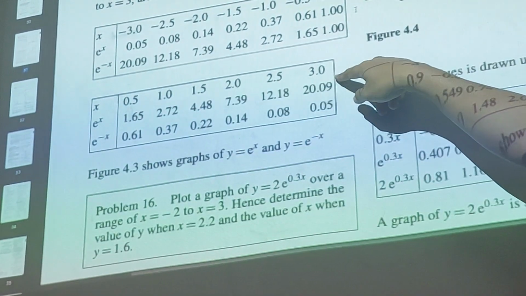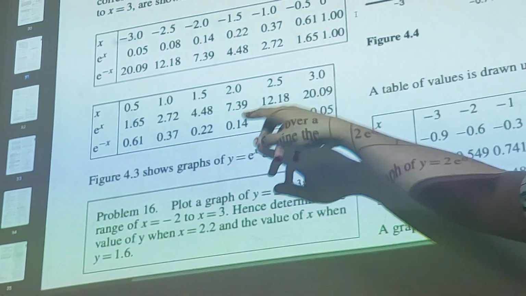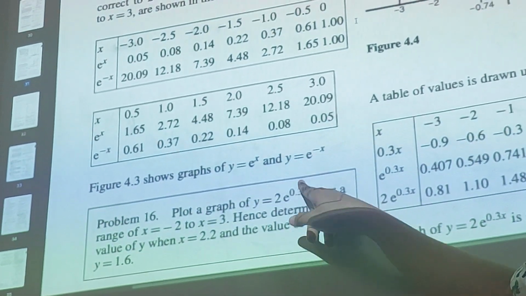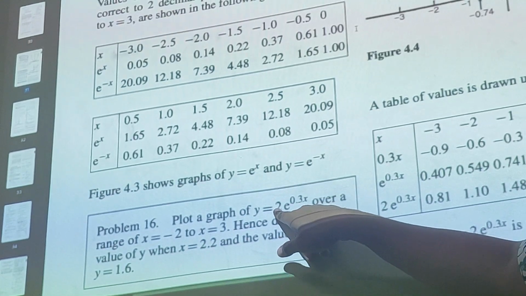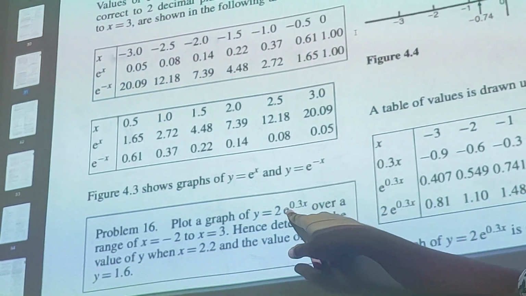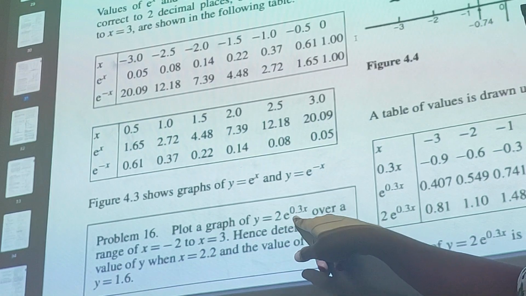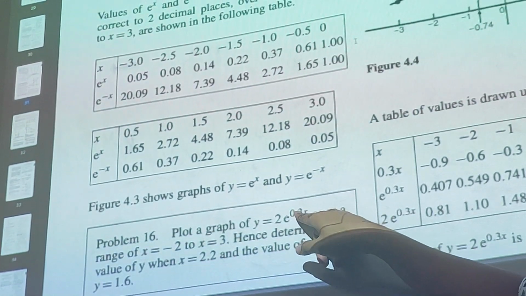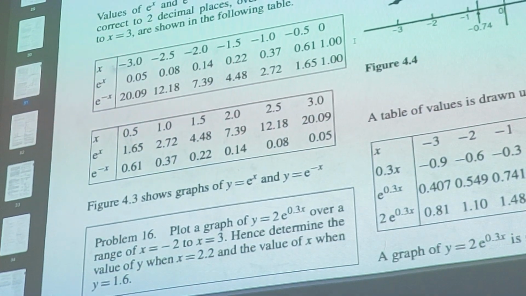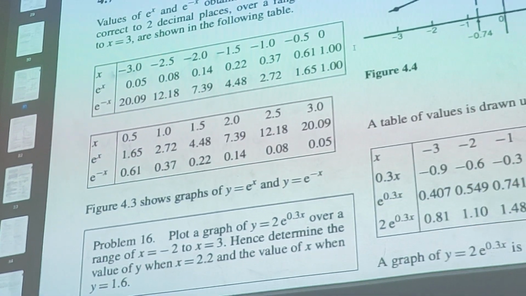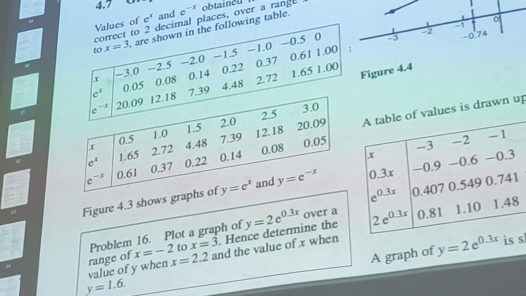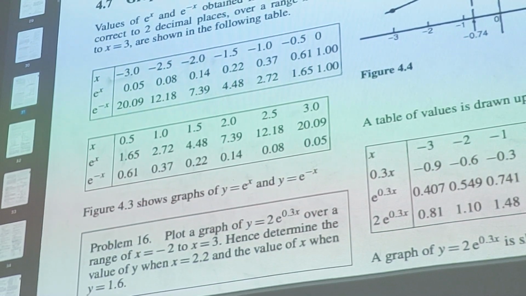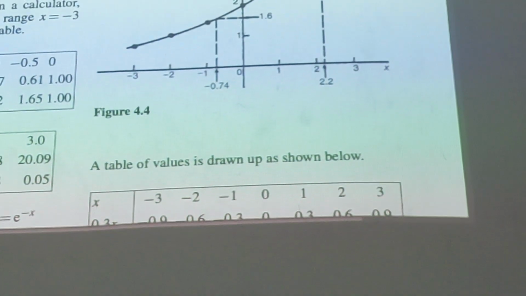So for the other function, you can simply multiply by 2 and find the value of a powered by 0.3x, just like this. Then we will have the graph.